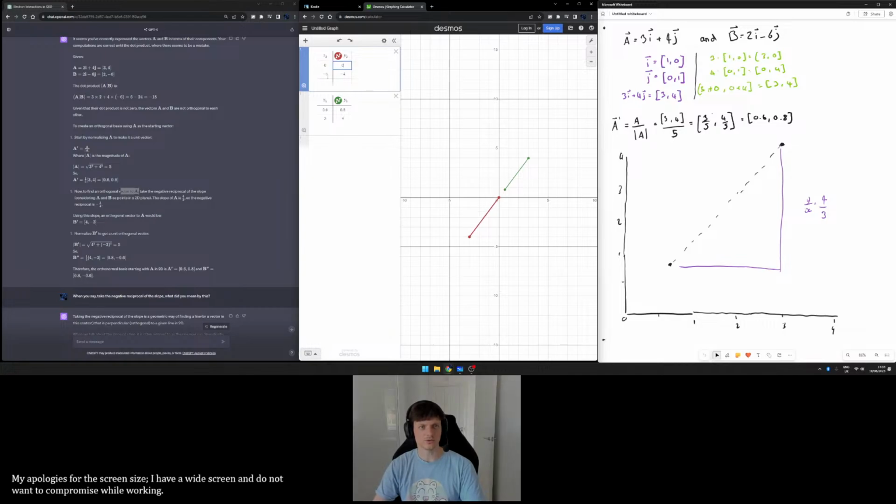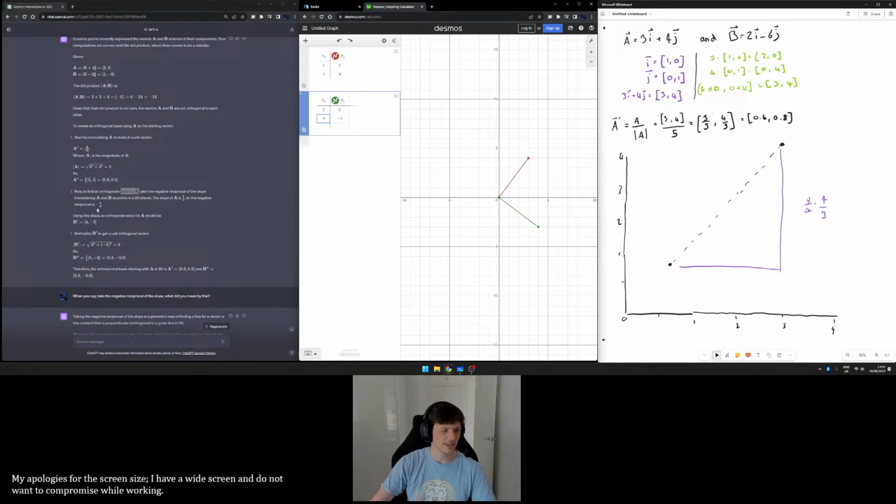It's going to be 0, 0, 3, 4, and then this one's going to be 0, 0, and then -3, -4. But take the negative reciprocal of the slope. So it's y divided by x. So it's going to be 4, 3. So if I do -4, 3, I've still not got it. It's -4, 3. Using the slope, an orthogonal vector to A would be, it says 4, -3. So that's interesting.